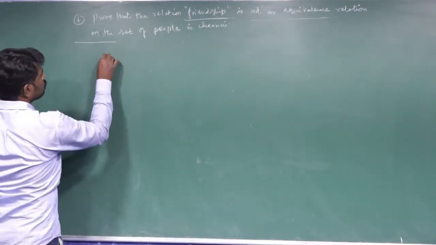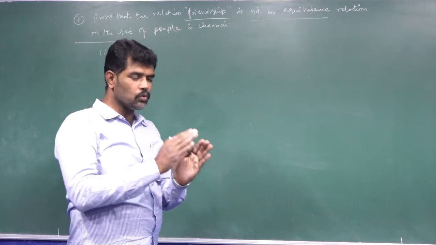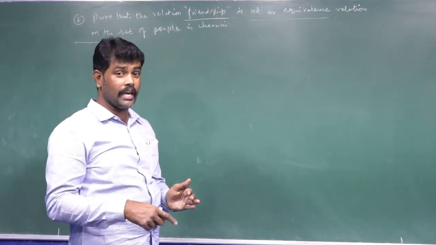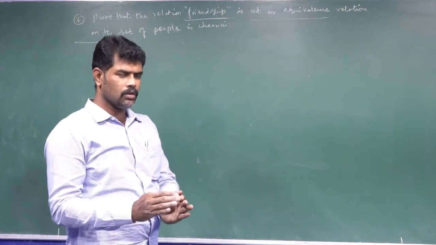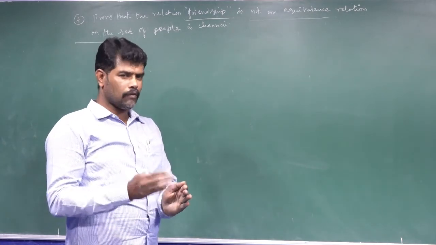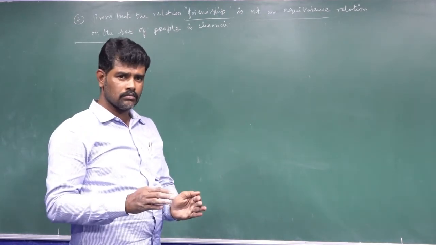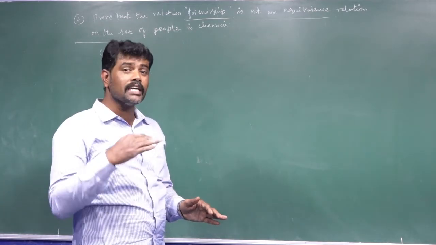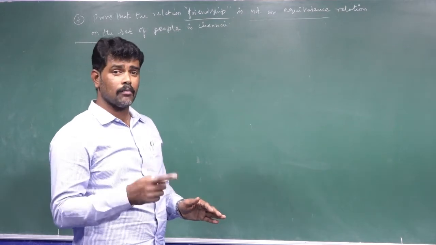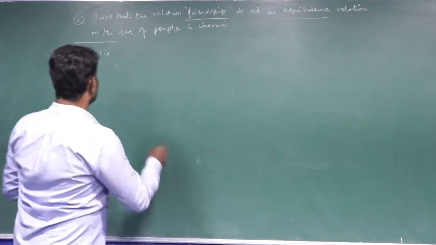Okay. Here, first one, reflexive. What is the relation? A comma B means A is friend to B. Suppose now we are going to take A comma A. What is the meaning in that? A is friend to A. How is it possible? Is everyone a friend to himself? Logically, is that correct or not? That is not possible.